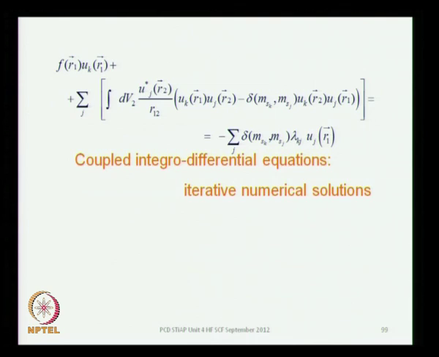Why coupled? Because here you have u_k(r1), but in this integrand you also have u_j(r2), and these get summed over j going from 1 through n. So, all the other orbitals are also included there in some sense. So, these are coupled equations.